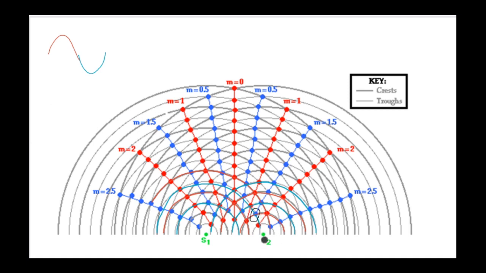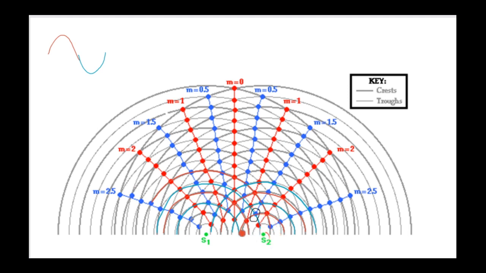For this point, you have a trough coming from your slit S1. This is the trough of the light wave coming from your slit S1. Fine. Now consider this crest for the light coming from slit S2.